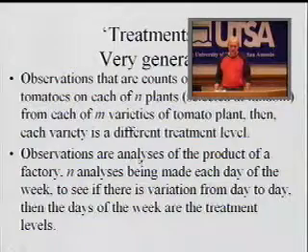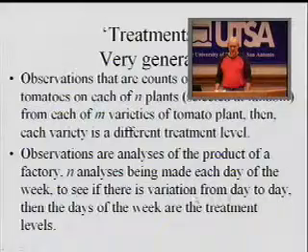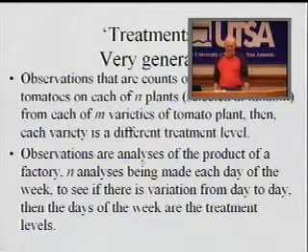So the observations are analyses of the product of a factory, as another example, and analyses being made each day of the week to see if there is variation from day to day, and then the days of the week are the treatment levels. So we're making single observations on a product each day.